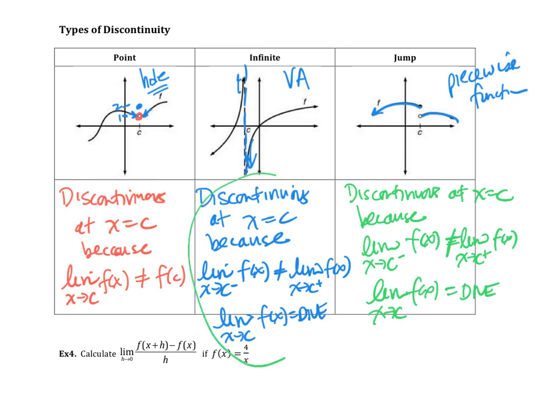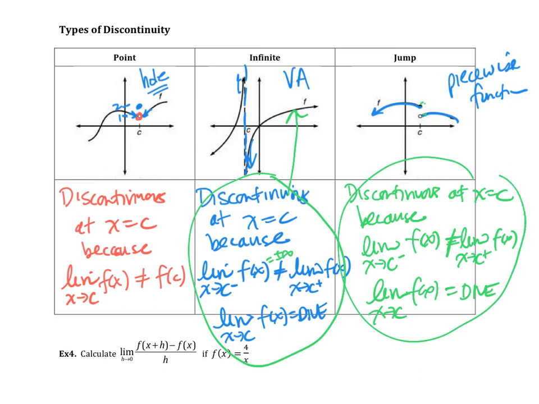So usually for your vertical asymptote or your infinite discontinuity, these values are approaching positive or negative infinity, and they may not equal each other. So you have a vertical asymptote or an infinite discontinuity. Here, they're just jumping from one to the other. So your left-hand limit and your right-hand limit are going to be different. So that means the overall limit does not exist.